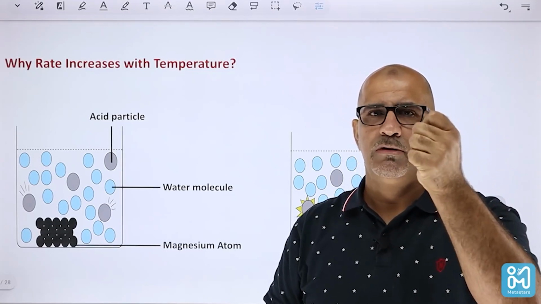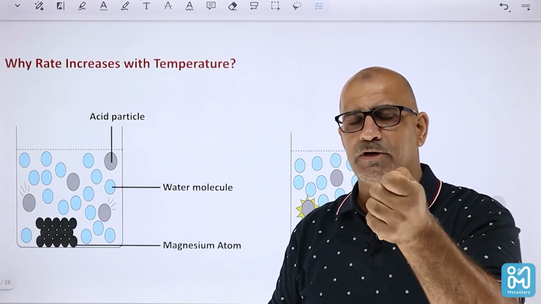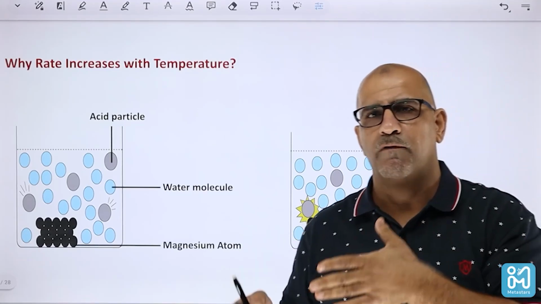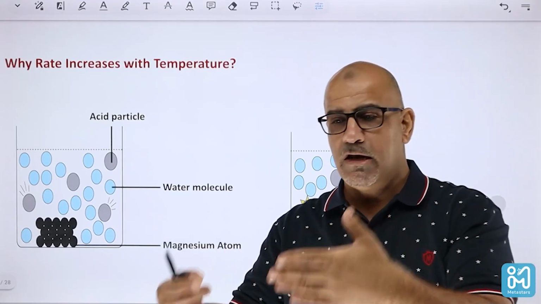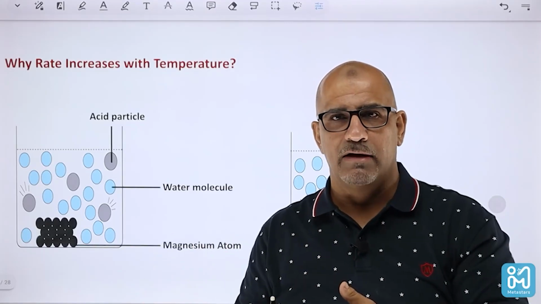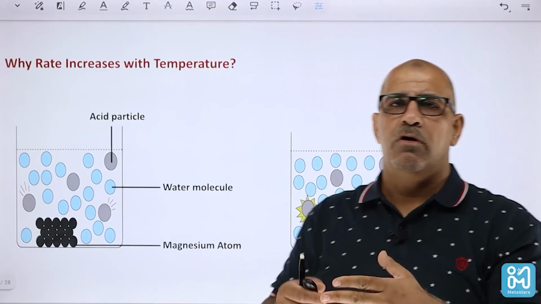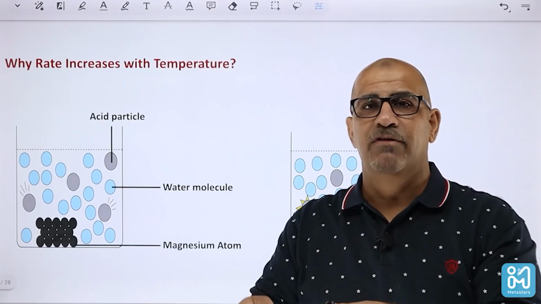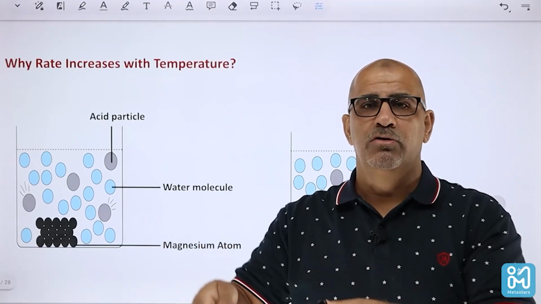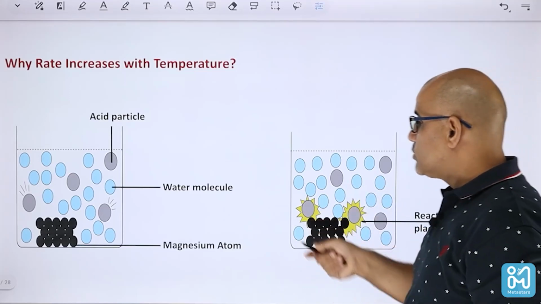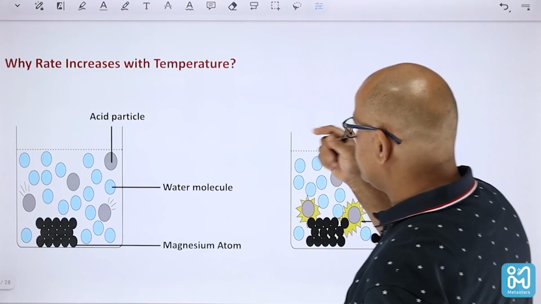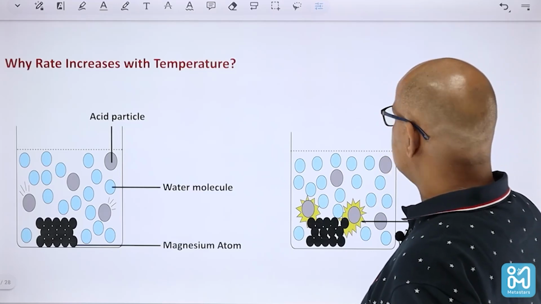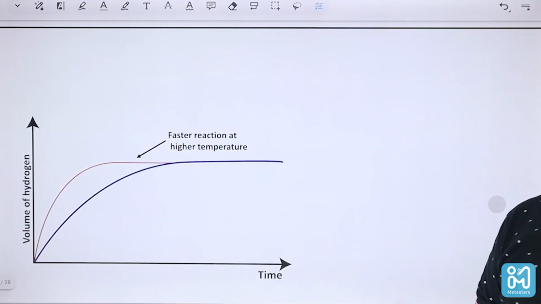You should mention, when you explain the temperature change, that a greater number of particles have enough energy to react, or have the activation energy or higher to react with each other. So that's why there is a higher rate of reaction, and the chance of successful collisions increases.